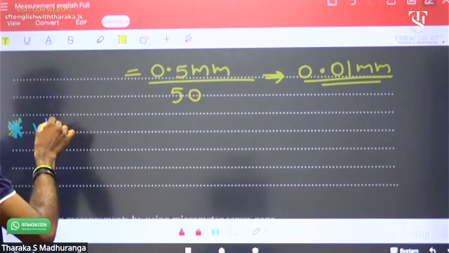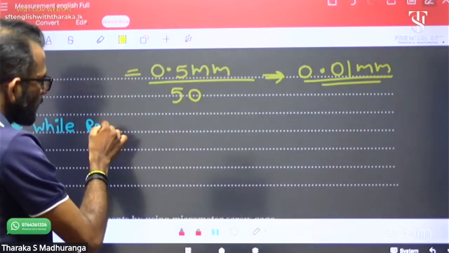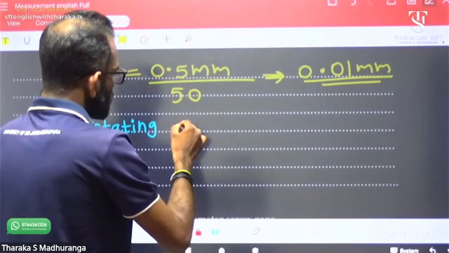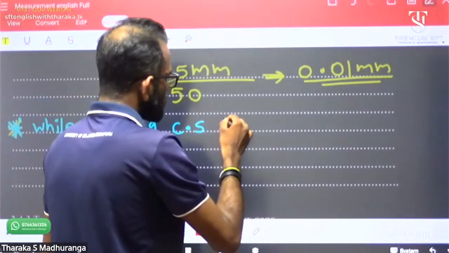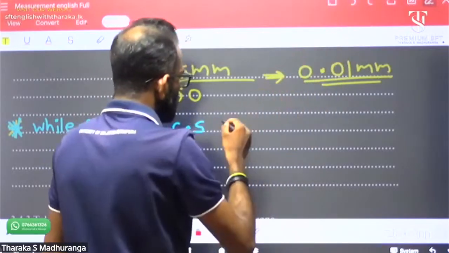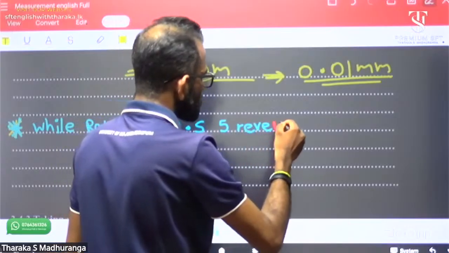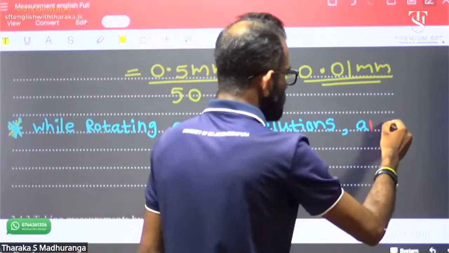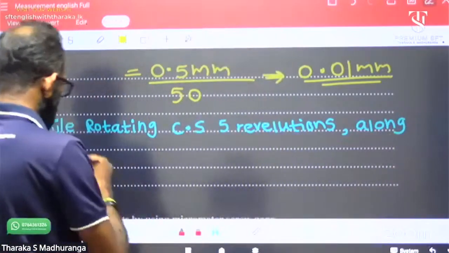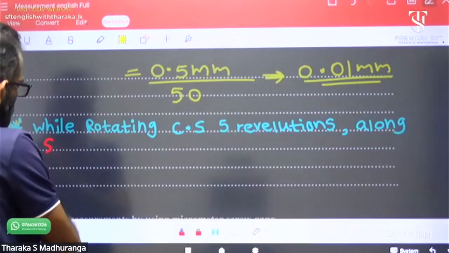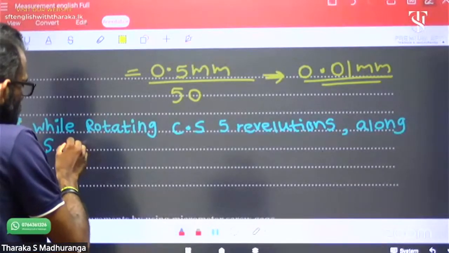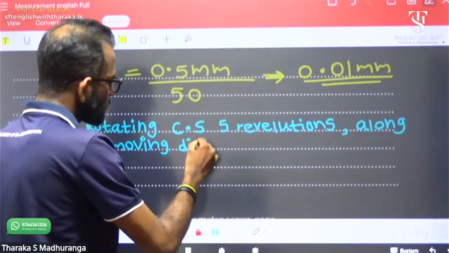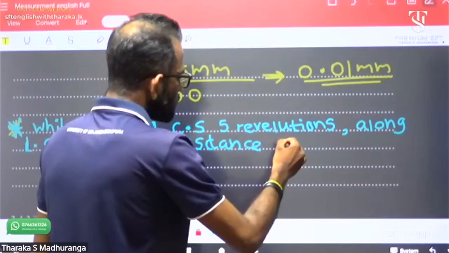While rotating the circular scale 5 revolutions along the linear scale, the circular scale moves a distance of 5 millimeter.